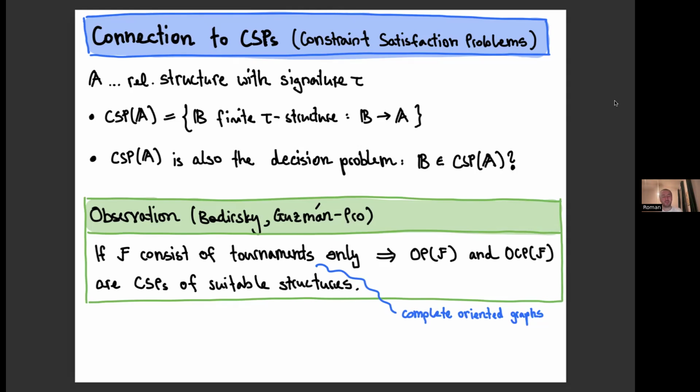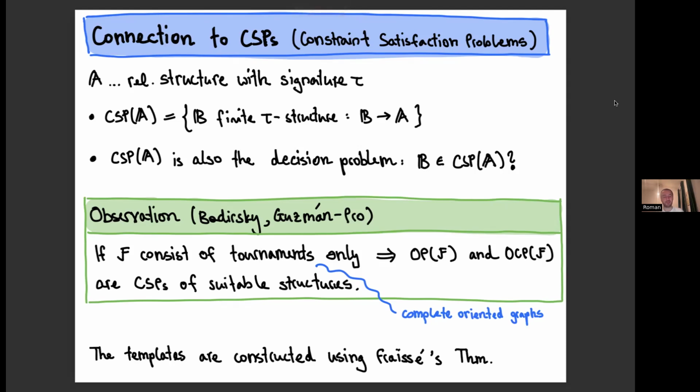Namely, they observed that if F, the set of forbidden patterns, consists of tournaments only, then the graph orientation problem of F and the orientation completion problem of F are CSPs of suitable infinite structures. Those templates are quite easy to construct, using Fraïssé's theorem.